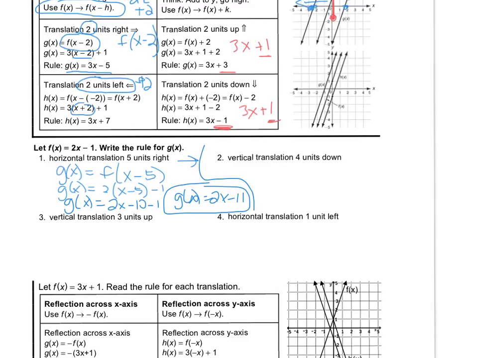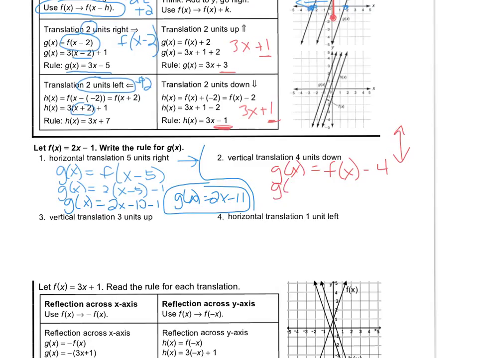Okay, let's do the vertical translation. So vertical translation is moving up or down on the y-axis. So you're simply modifying your y-intercept. So g of x is going to be our function, f of x, and then we are moving down by 4, so you're just going to subtract 4. So let's plug in the value of the function.